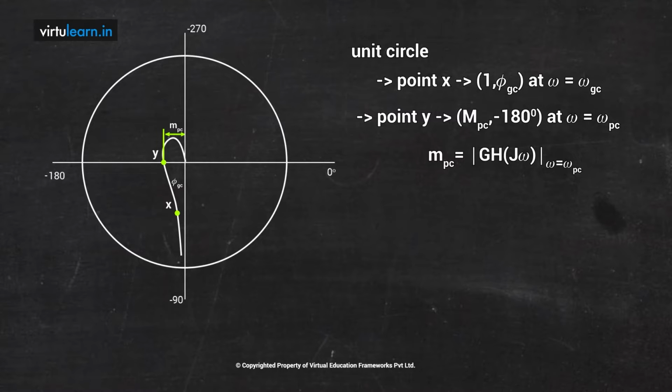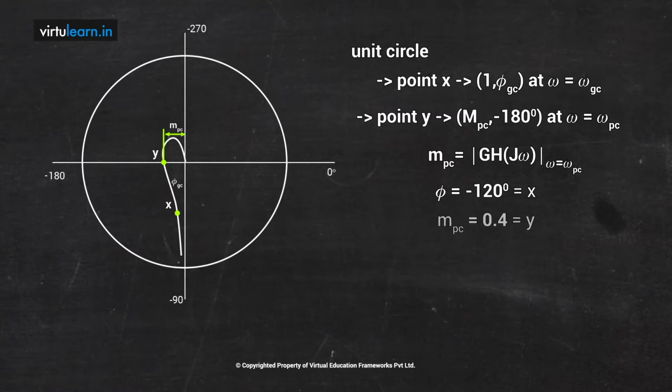So what are the coordinates now? MPC comma minus 180 degrees is for point y, and 1 comma phi gc is the coordinate for x. For this plot, when you extract those points, phi gc is minus 120 degrees and MPC is 0.4.